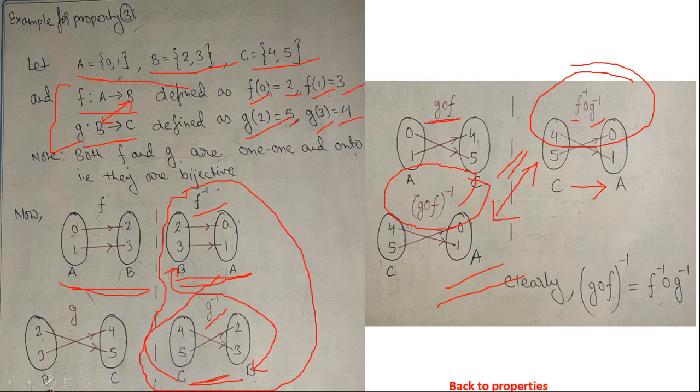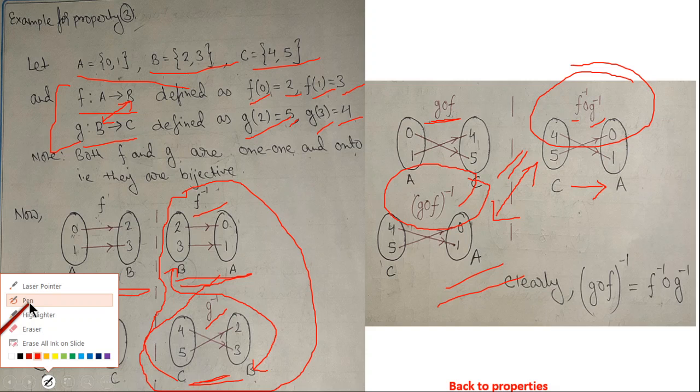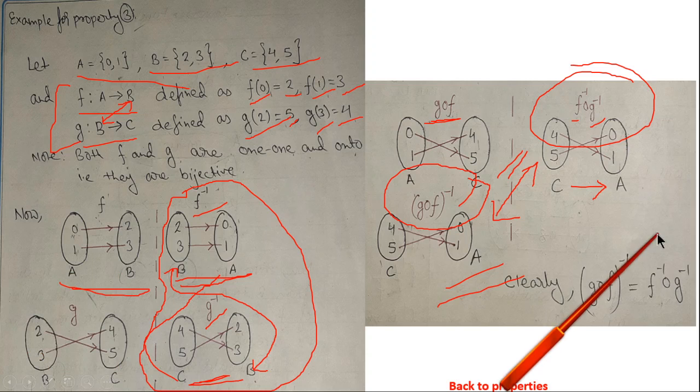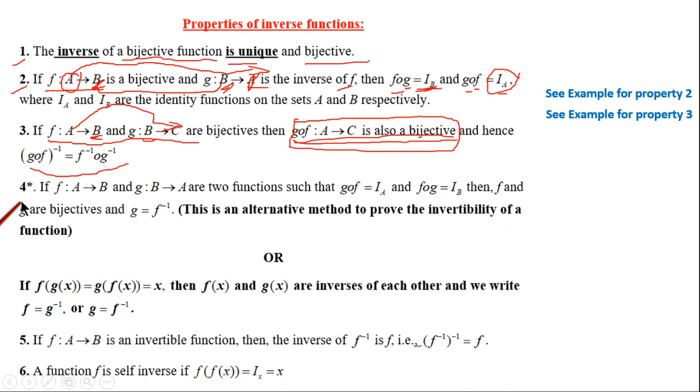So thus we have been able to show how the inverse of F composite G is equal to G inverse composite F inverse. So let us go back to properties. Now next property, fourth one.